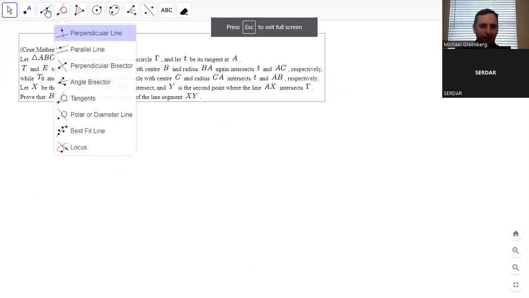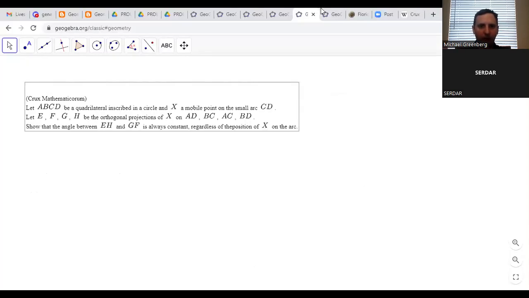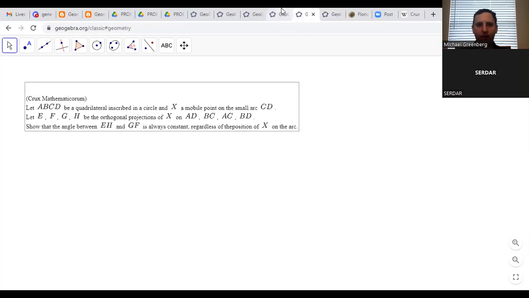So for this problem, let me see if there's a harder one. I think this one might have been a little easy. This one was a problem with circles, because every problem was about projections and 90 degrees.